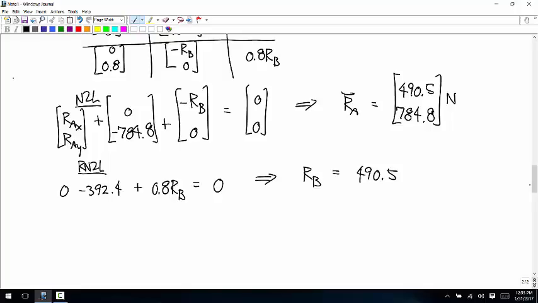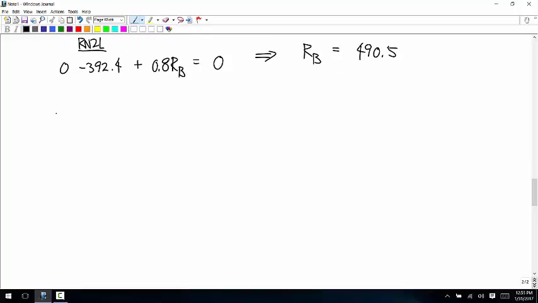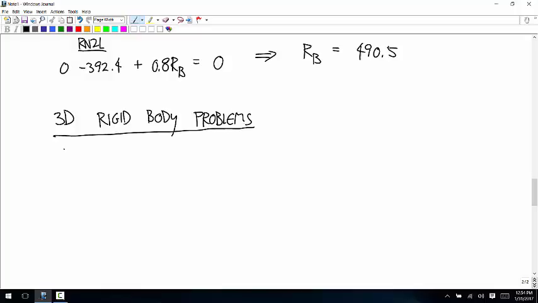All right, so now we're going to go to talking about 3D problems. And the overall approach stays the same.